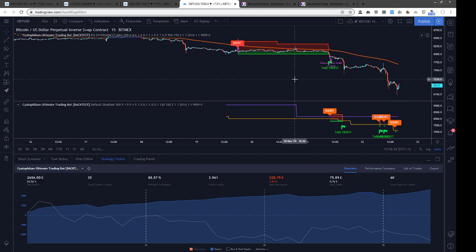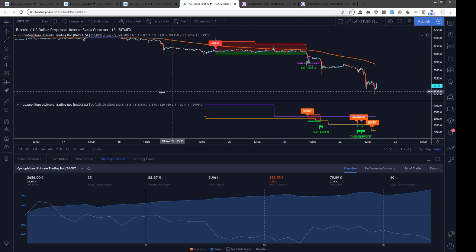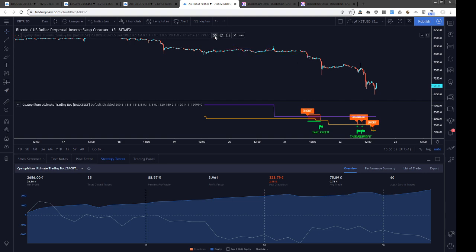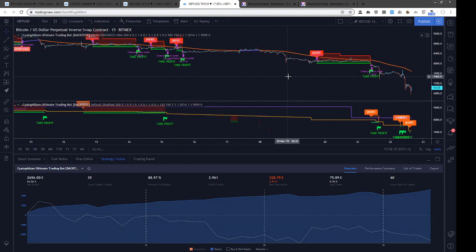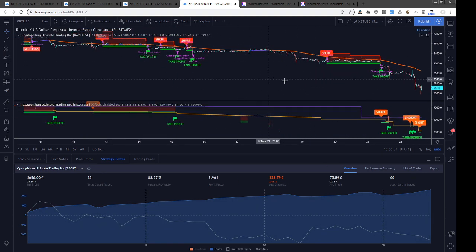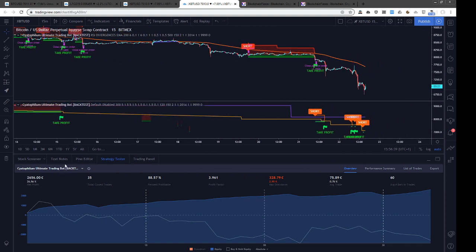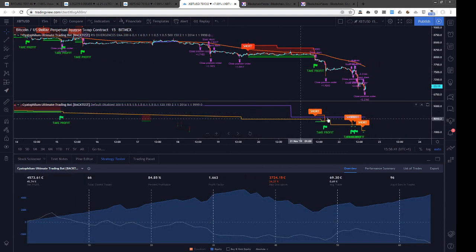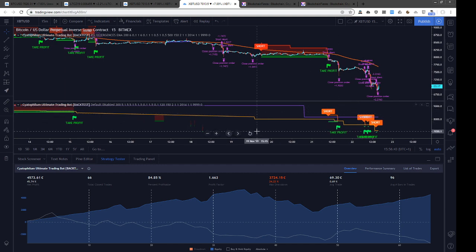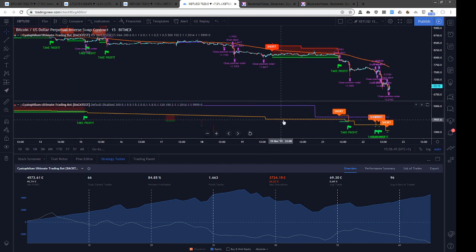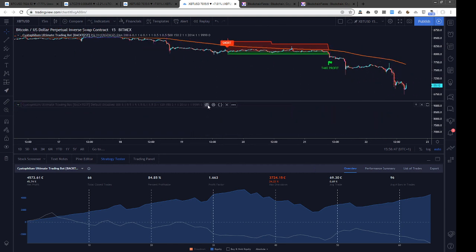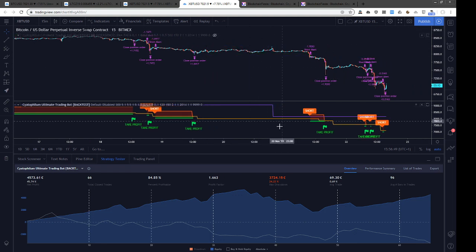So we got the first configuration on the top, which is showing a nice short here, and the configuration on the bottom is using the support and resistance. I'm going to show you how it works.